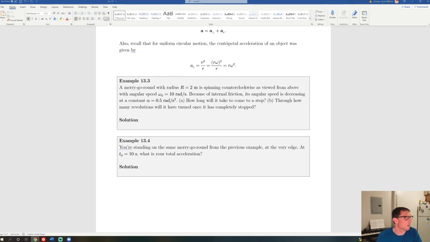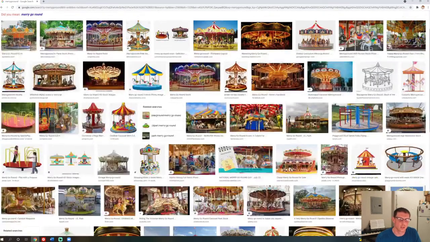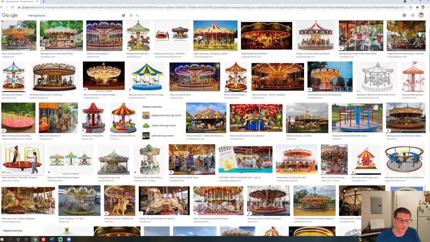Let me do a quick image search here. Okay, this is what I had in mind. I would consider this more a carousel, but I don't know if that's correct. But you see these on playgrounds, and kids like to play with them a lot because they're kind of fun. You can get really dizzy and stuff.